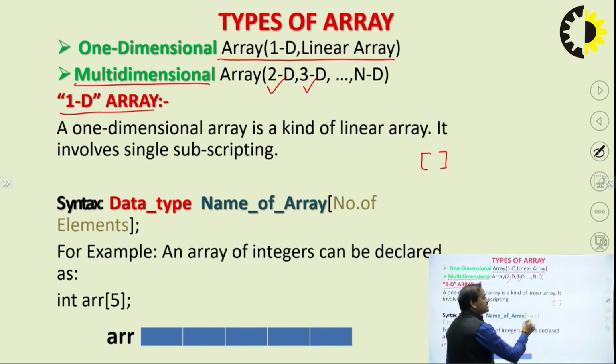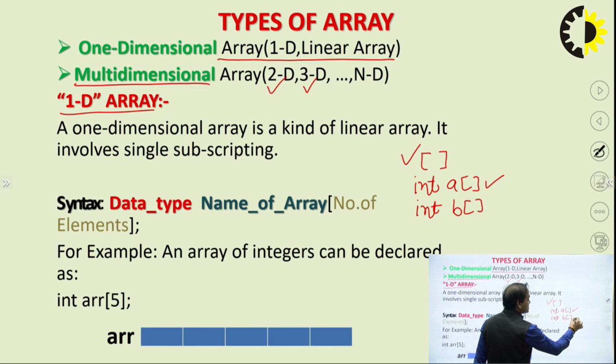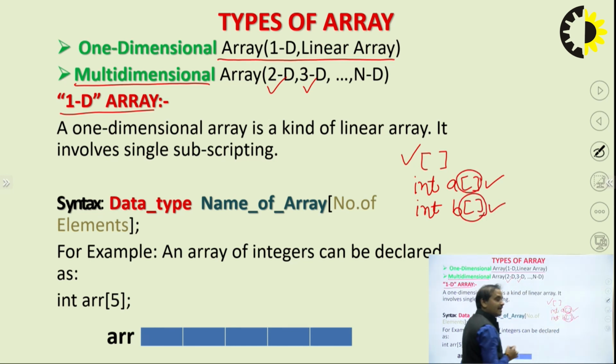Then the array is called a one-dimensional array. That means we take int A like this. This is one-dimensional data. Int B like this. Here we use only a single bracket. Then this data structure is called a one-dimensional array.